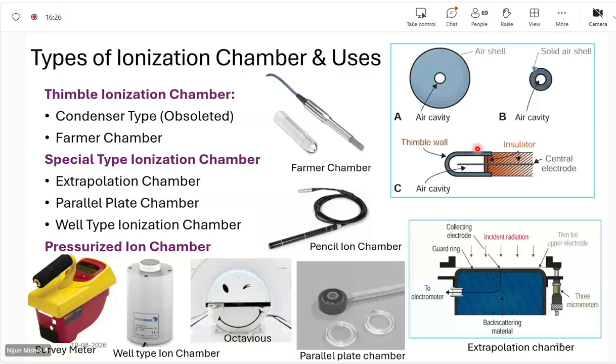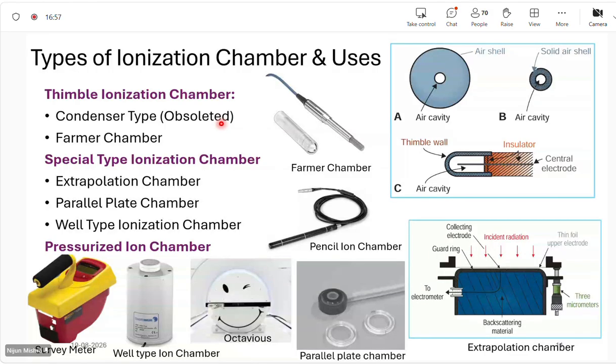There are mainly two categories of thimble chamber. One is the condenser type, which is obsolete nowadays. Condenser type chambers can store charge, just like power banks. We use power banks for charging, and then take the charge to charge our mobile when necessary.